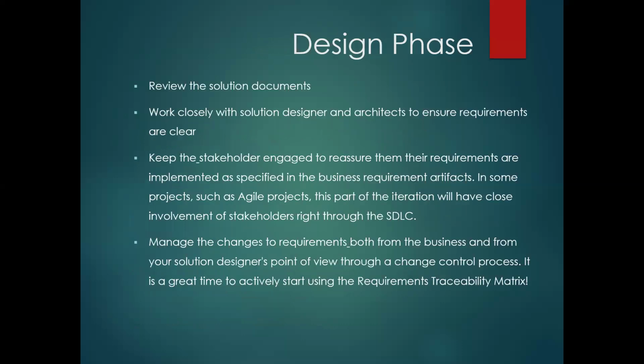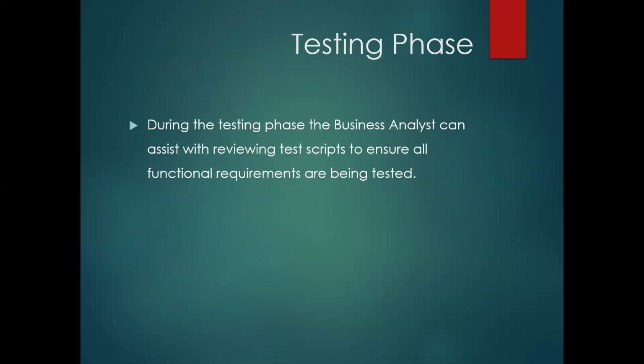In the design phase, he will be working with the FRD, the functional requirement specification document that you have prepared, so that it meets the solution standards or solution documents that the organization has. And in the testing phase, we will be assisting the testing or QA team to ensure that all the functional requirements are covered in the test case scenarios they have prepared.